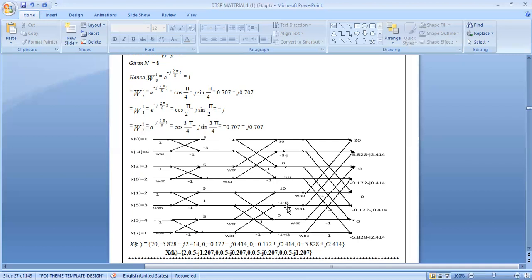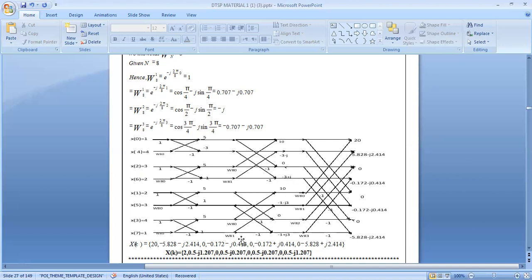The next we will be doing the subtraction part. So 10 minus 10 will be 0. Then again minus 3 minus j multiplied by this factor gives this value. And this one will obviously be 0. The last one has to be multiplied with the value.